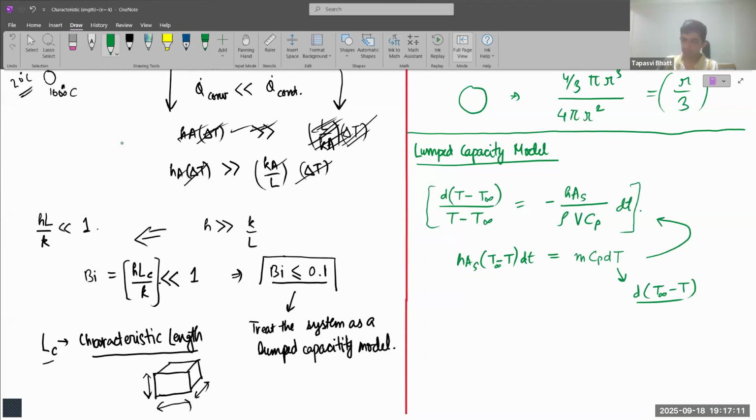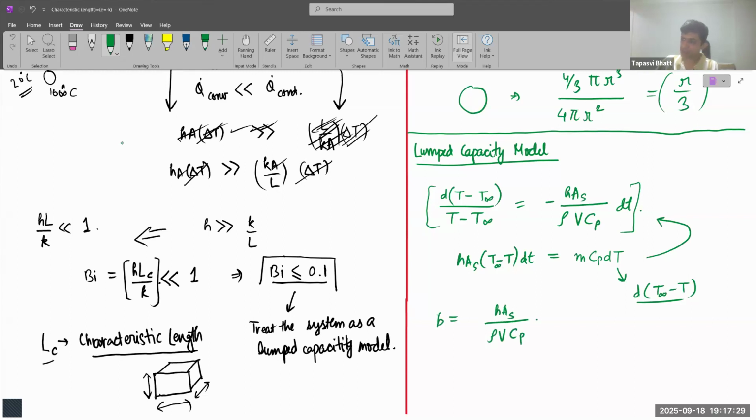From this, we define a variable, not the Biot number, the time constant, which is b is equal to h times AS over rho V Cp.